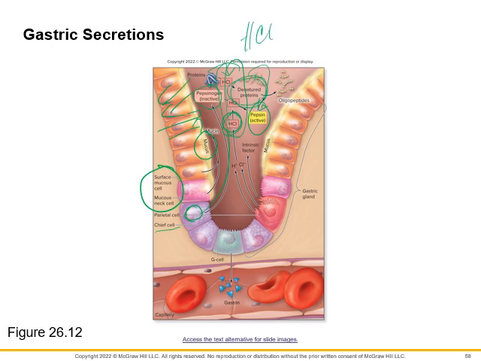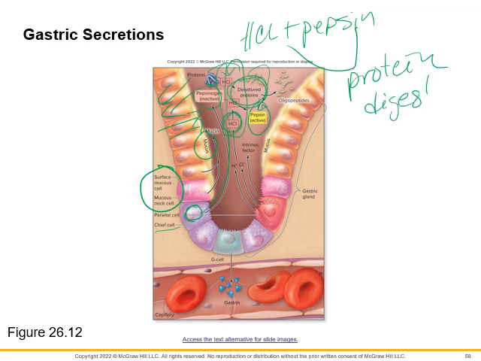So the hydrochloric acid plus the pepsin are both going to aid in protein digestion. We also mentioned there's a little bit of lipase helping with fat digestion.